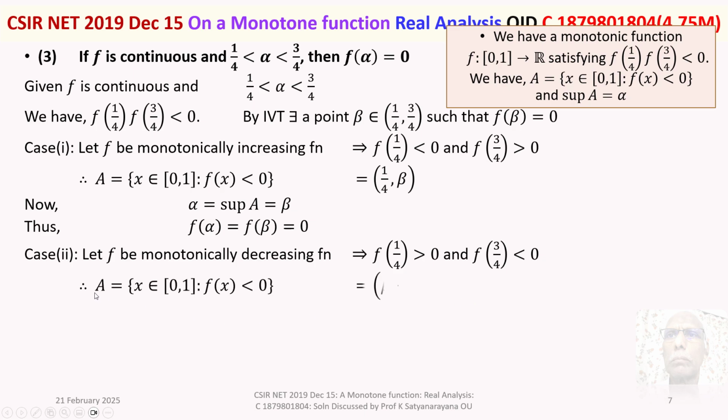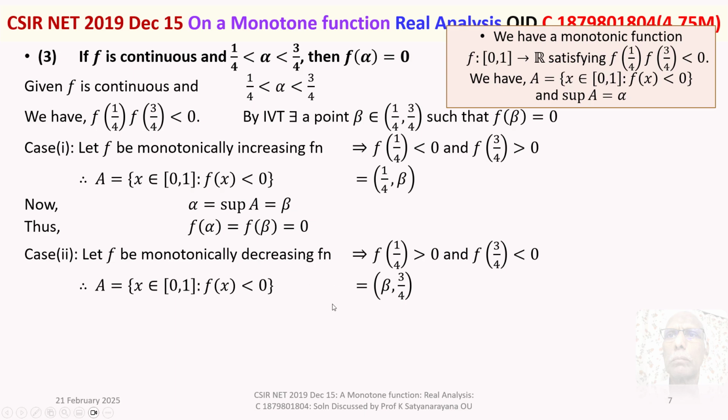So now, therefore A is the set of all x belonging to [0, 1] such that f(x) is negative. F(beta) is 0, f(3/4) is negative.